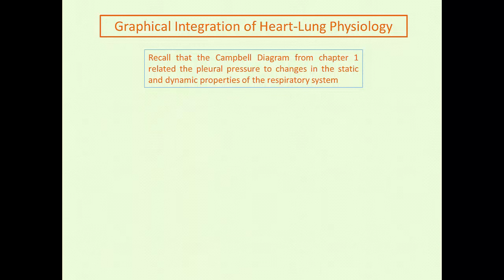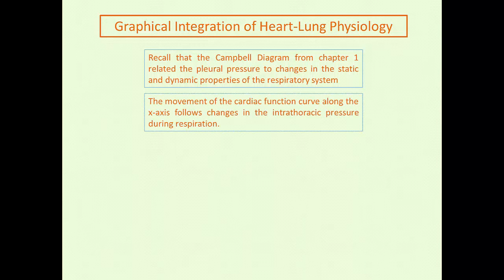Well, what determines changes in intrathoracic pressure? Well, go back to Chapter 1 and look at the Campbell diagram, because that very nicely depicts how intrathoracic pressure changes in response to various pulmonary and chest wall pathologies. The static and dynamic properties of the respiratory system, as I describe ad nauseum in Chapter 1.